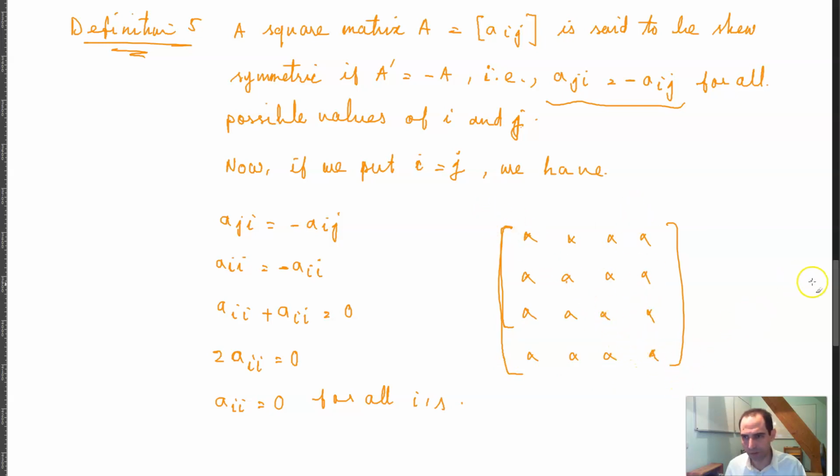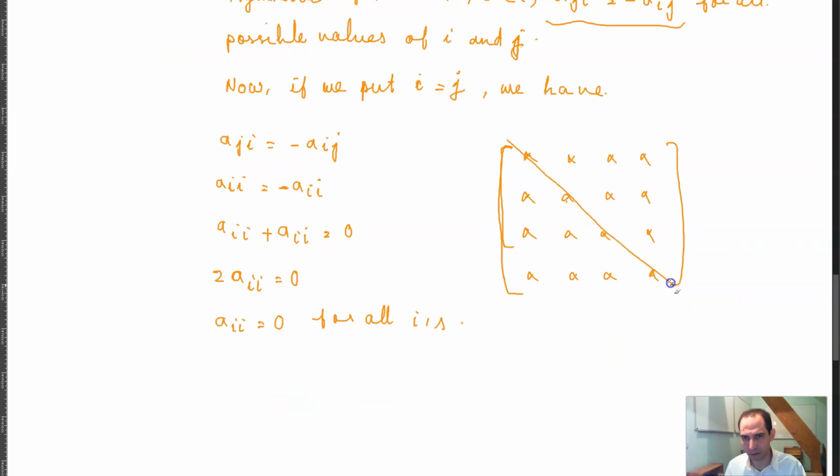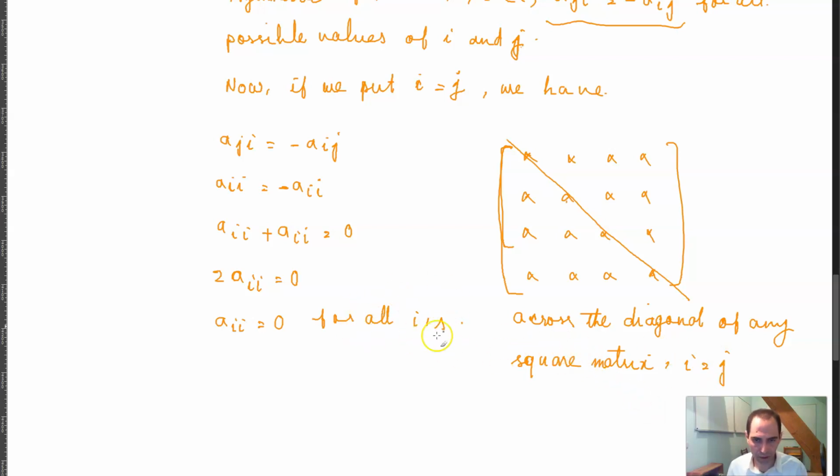Meaning that across the diagonal of any square matrix, i is equal to j, right? Now here we are saying that for all i's, A of ii is equal to 0, meaning that across this diagonal all of these elements are equal to 0.